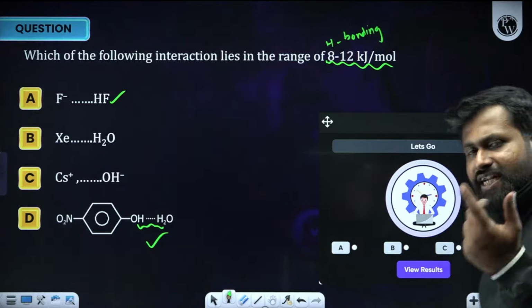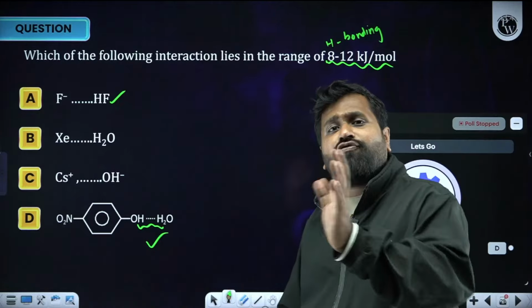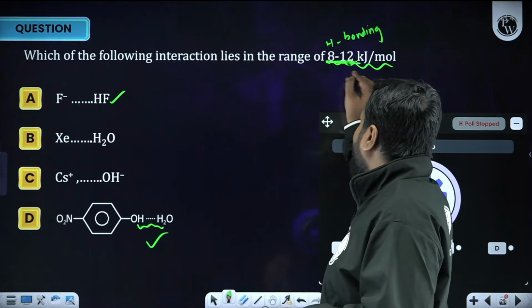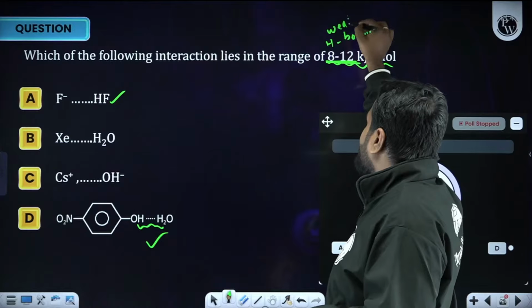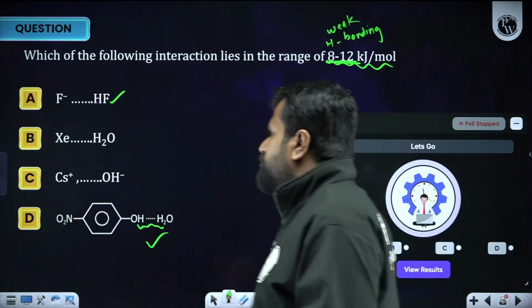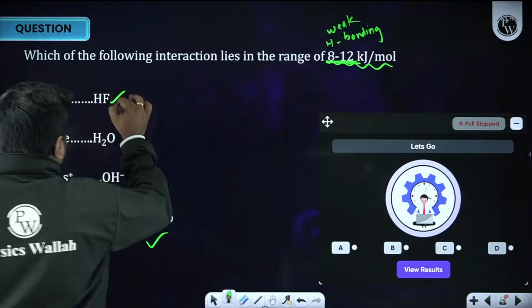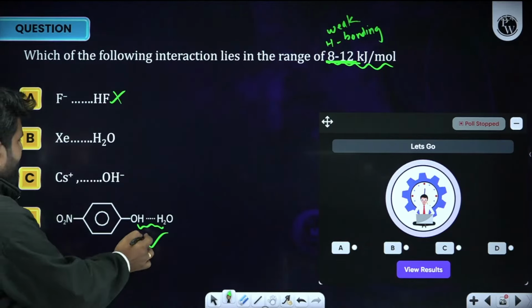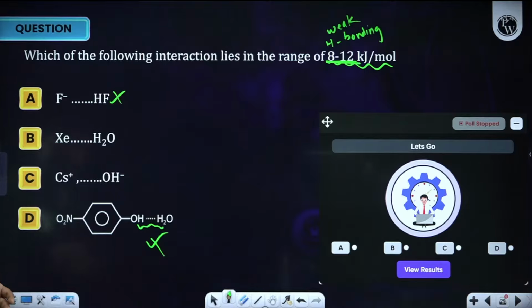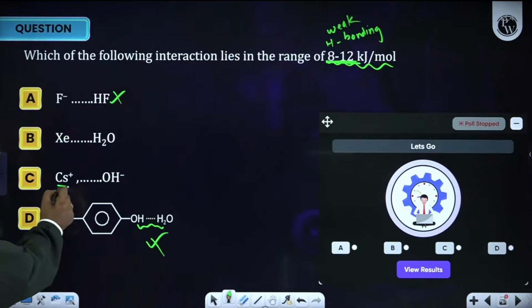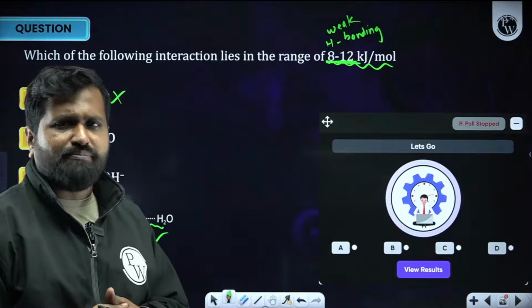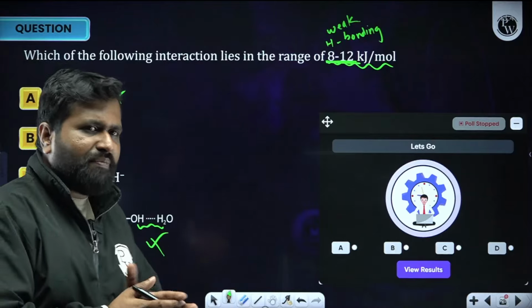Okay, generally hydrogen bond means what? 8 to 42 will be the general hydrogen bond. Since here they mentioned 8 to 12, can I consider it as weak hydrogen bond? So weak hydrogen bond means F will not be the answer. Then D will not be the answer. If I compare B and C, then I will go for C. Usually when calcium or magnesium comes, hydrogen bond interaction will be less.